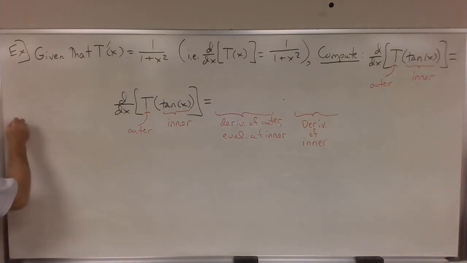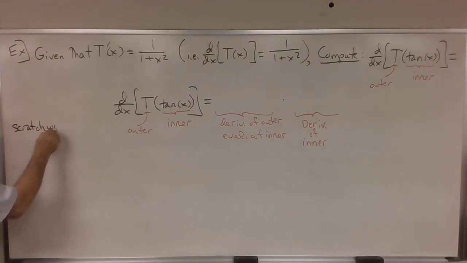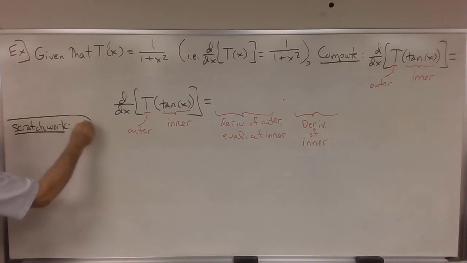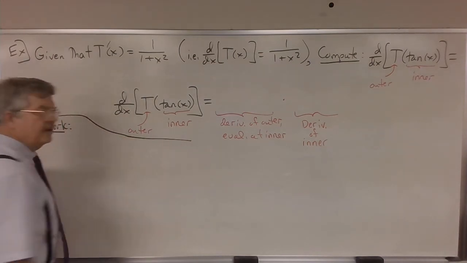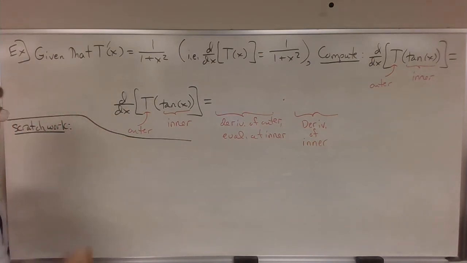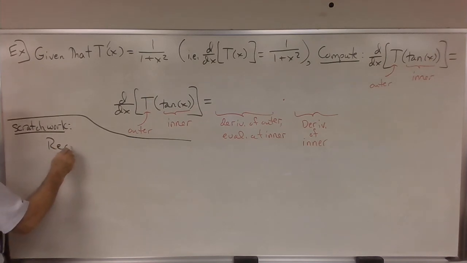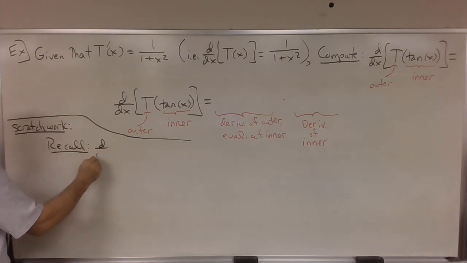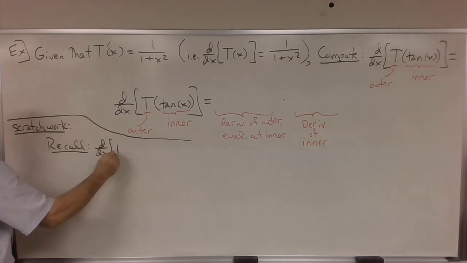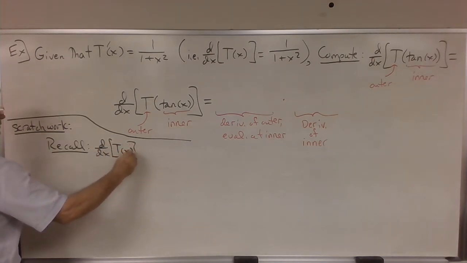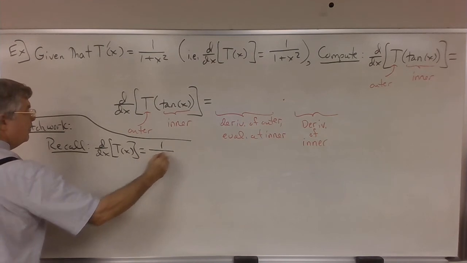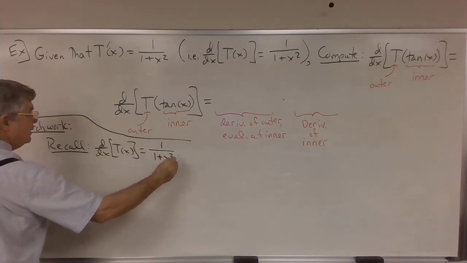And maybe I'll do a little scratch work over here, because this is somewhat of an abstract exercise. We'll write down what I do know about capital T. The derivative of capital T of x is 1 over 1 plus x squared.